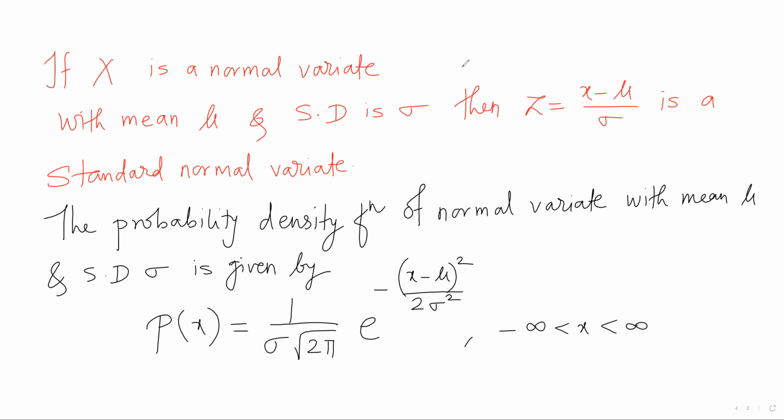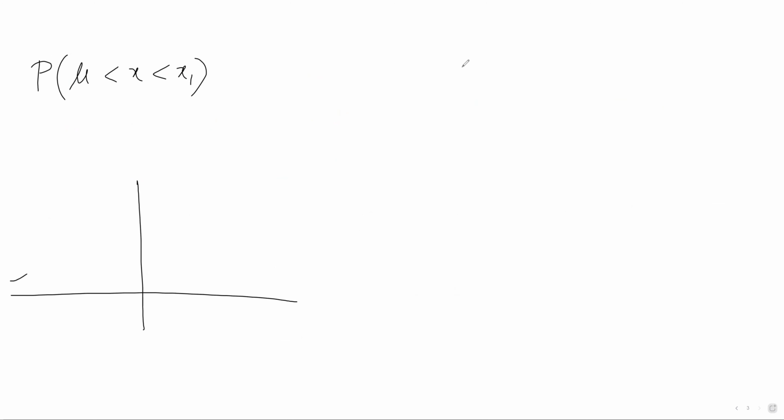Whenever we are calculating for the examples, we find the probability between two values, or greater than or less than a value. Calculate the probability for mu less than x less than x1. We have this curve.